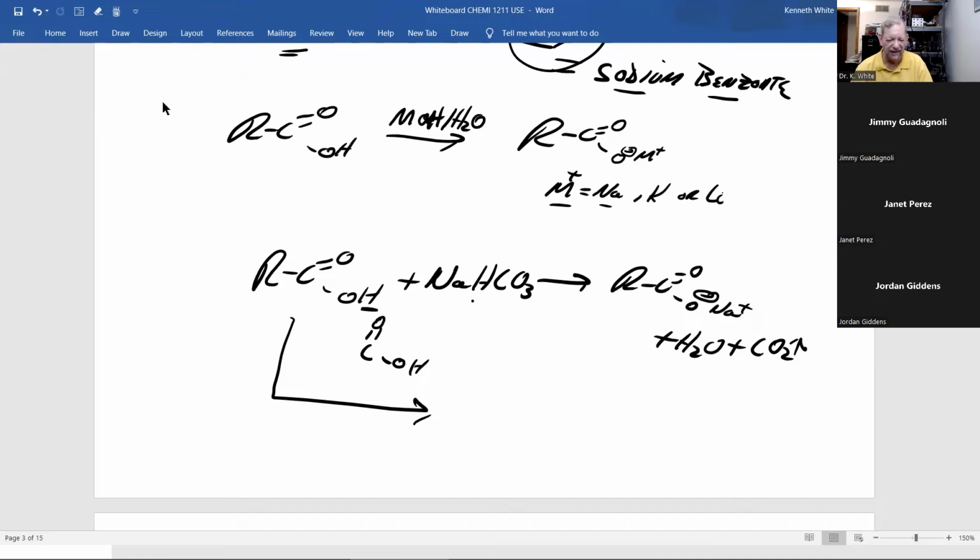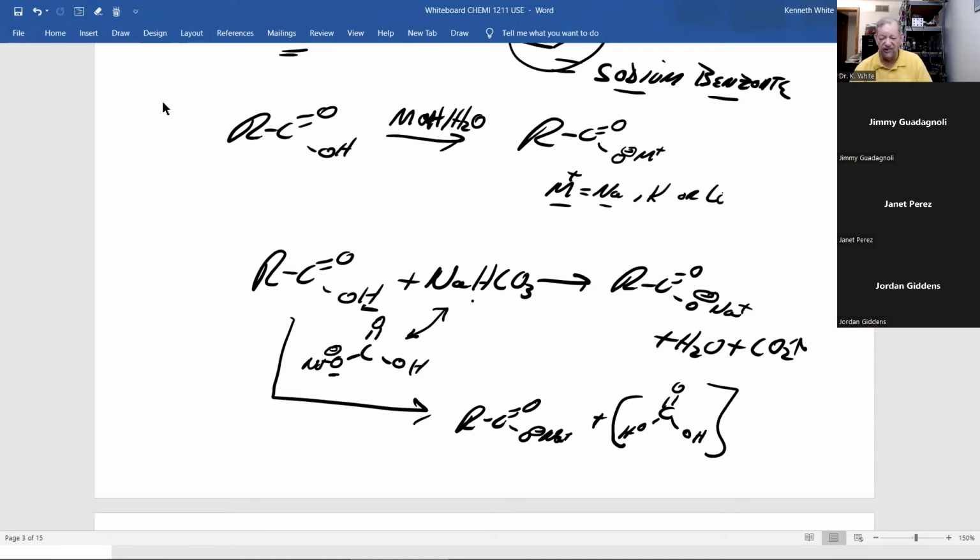sodium bicarbonate. And that's this right here. And now if I give a proton to this, this will become OH. And I'm going to put it in brackets because you can't isolate it. As soon as you form it, this breaks down.